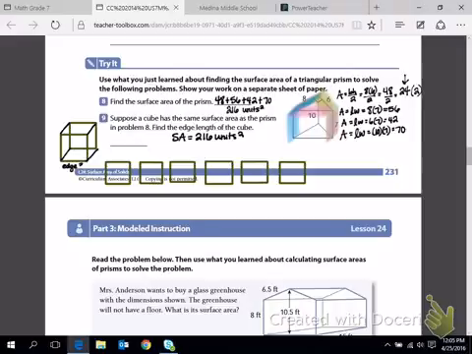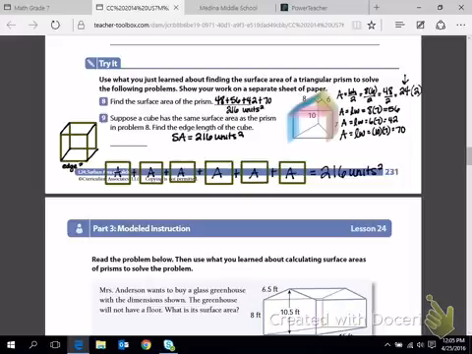Because when we find surface area, we are telling you that the area of this square plus the area of this square plus the area of this square plus the area of this square plus the area of this square and of this square is going to give us 216 units squared.